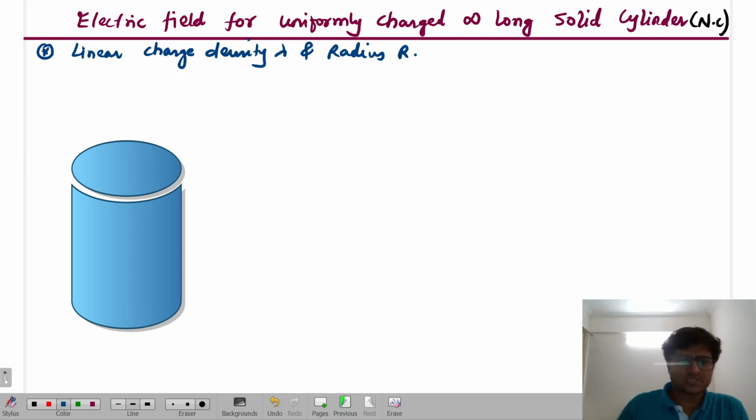For the outside point it is going to be the same, isn't it? But what about the circular surface?